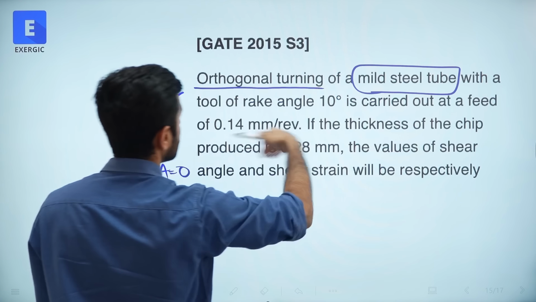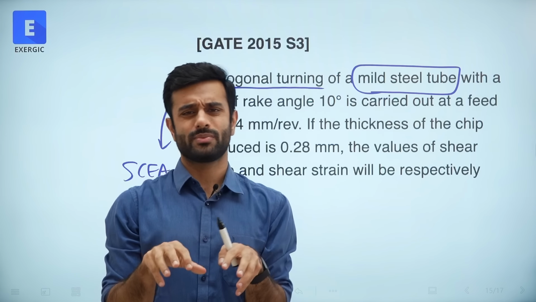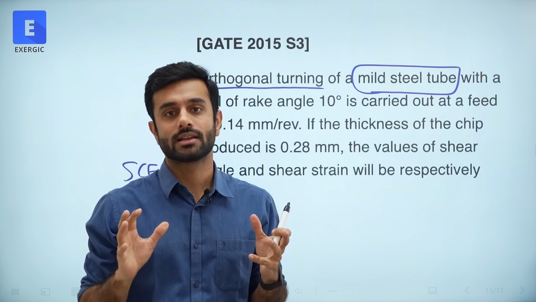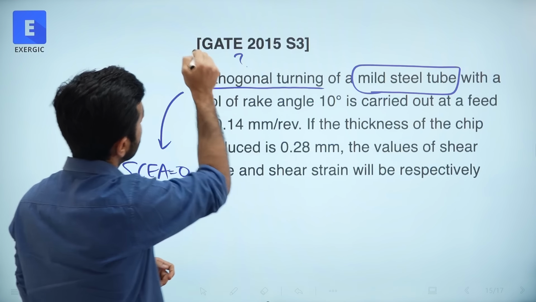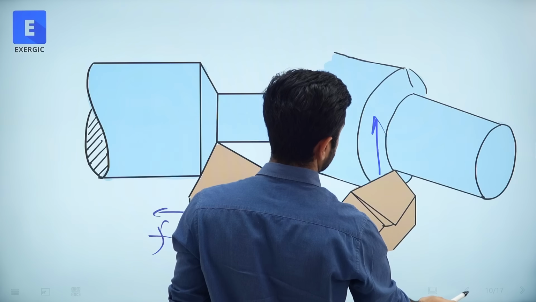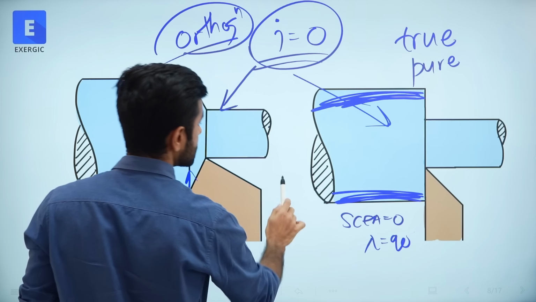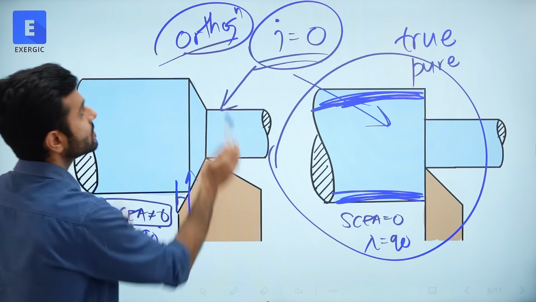If in the question side cutting edge angle has not been given, or no data has been given from which you can find out the side cutting edge angle, what option do you have? Will you start questioning this? They should have mentioned pure orthogonal only. Arre, that is orthogonal only, bhai. This cutting, or this turning, is orthogonal only.